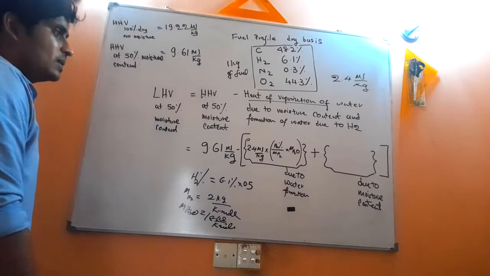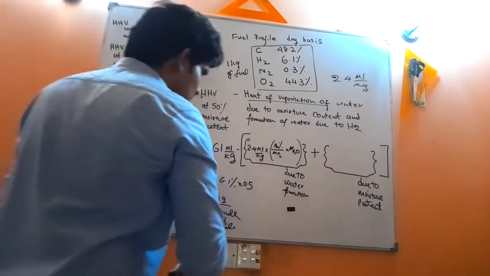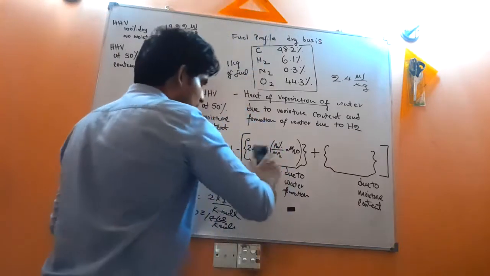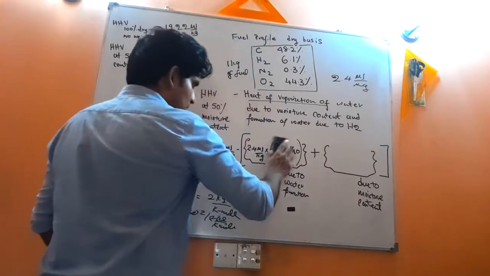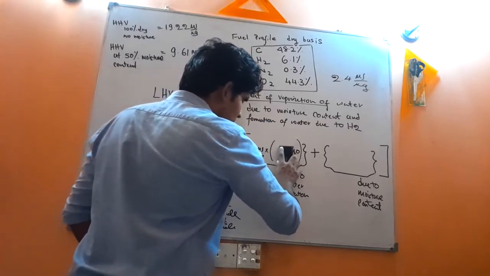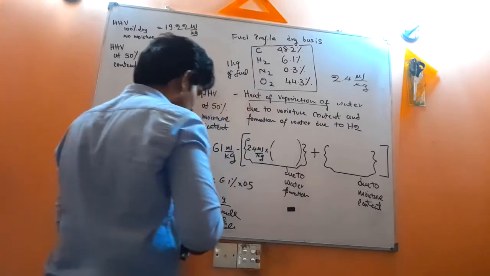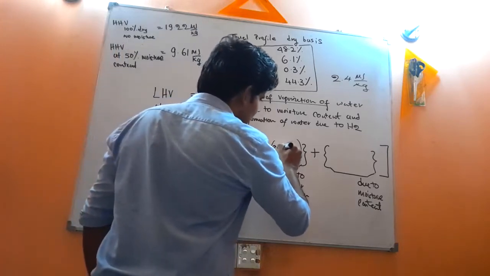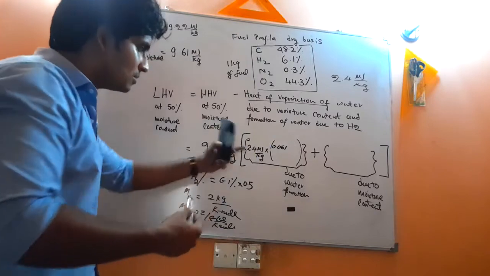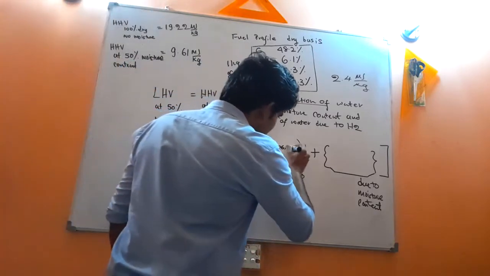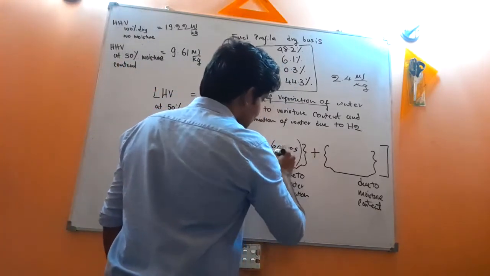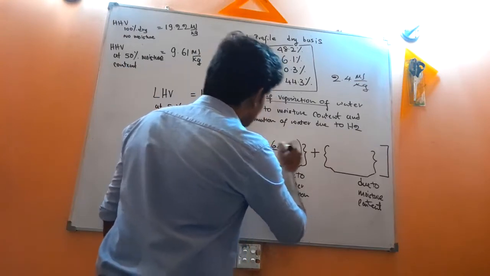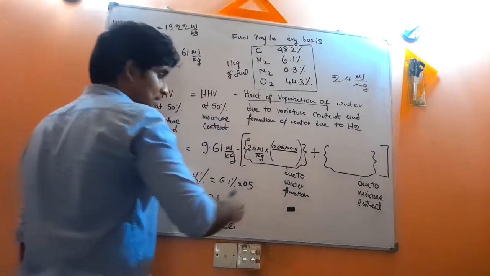So now you know the things that you have to include there. Now we can fill this. It is 6.1 percent, that means 0.061 multiplied by 0.5, then divided by the molecular weight of hydrogen, that is 2.